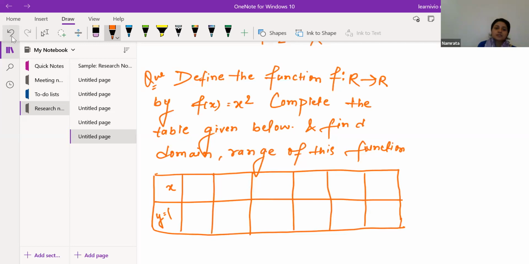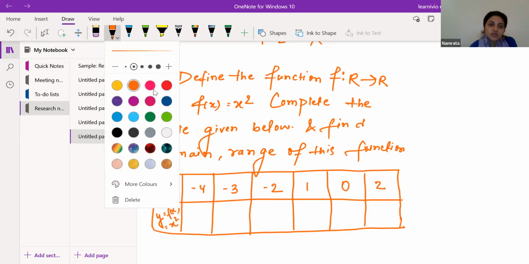Y means f of x, that is x square. Here the values of x are -4, -3, -2, 1, 0, 2. That's it. Okay, so yes, Izan, can you tell me when the x value is -4, what will be the y value?